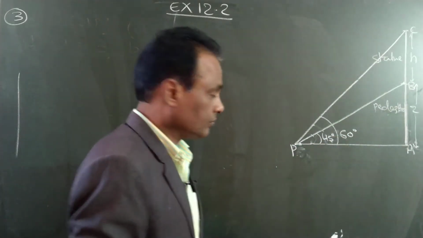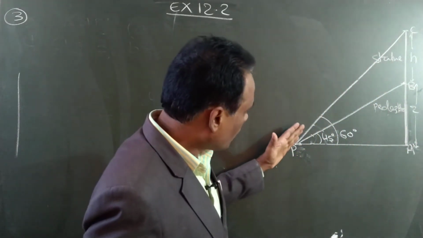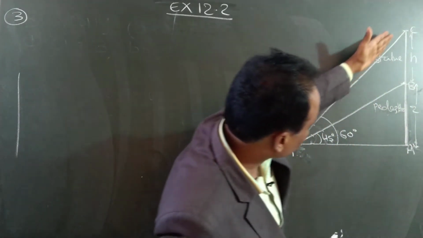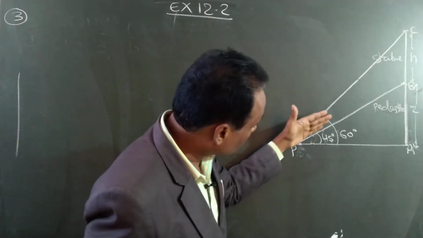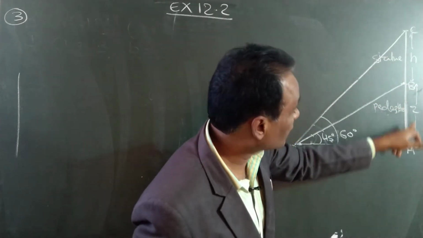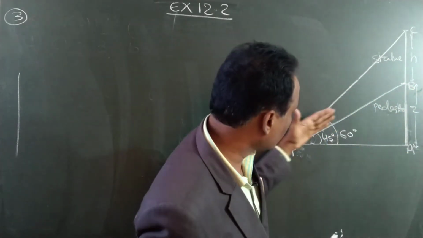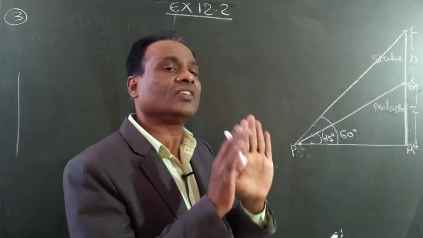See here. From the same point, first we observe the top of the statue with angle of elevation 60 degrees. Then we also observe the top of the pedestal. This is the foot of the pedestal, this is the top of the pedestal. So we observe the top of the pedestal with angle 45 degrees. This is the data.